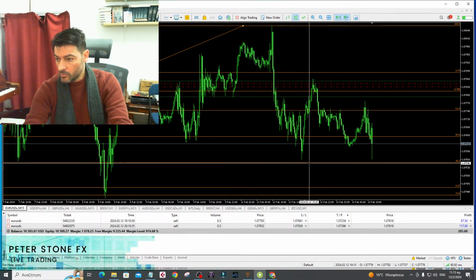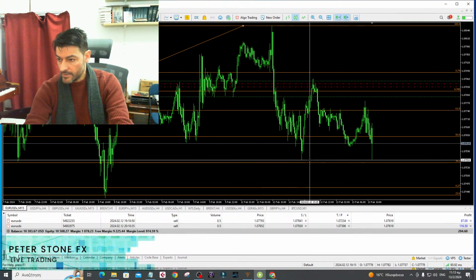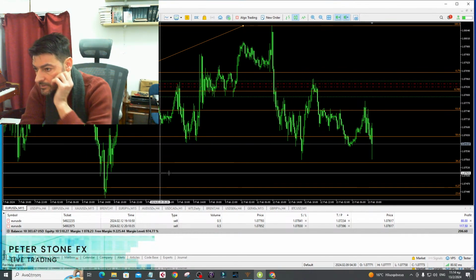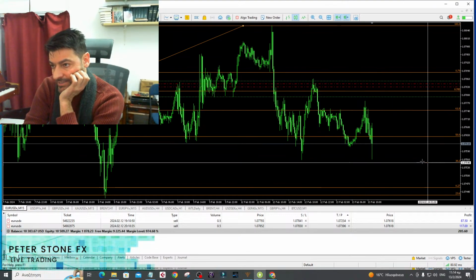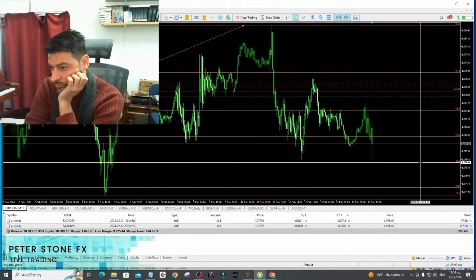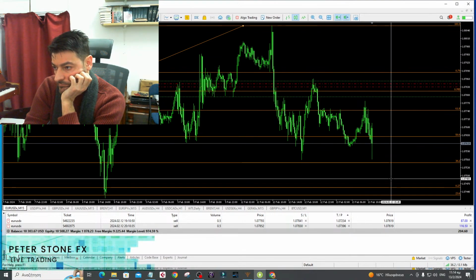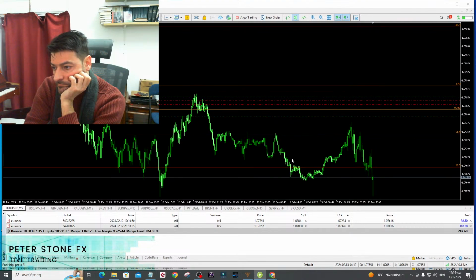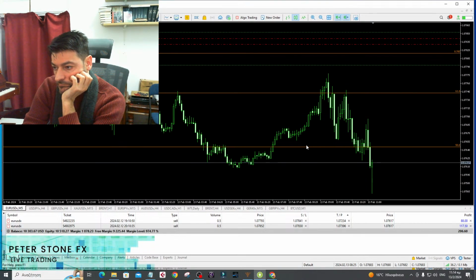Relatively equal lows. So yes, I believe they will be taken also. And this is an area that we will see what will happen. So it didn't touch the 38.82 level. Interesting.